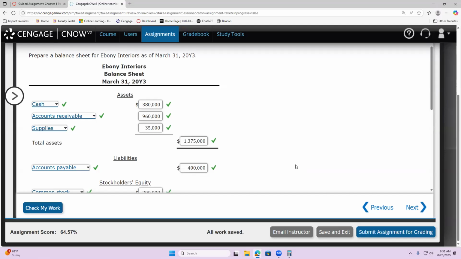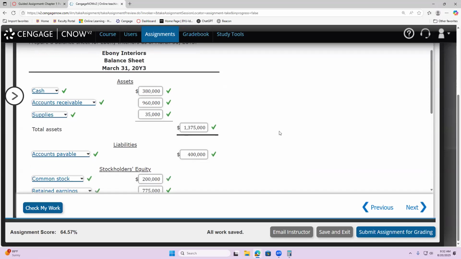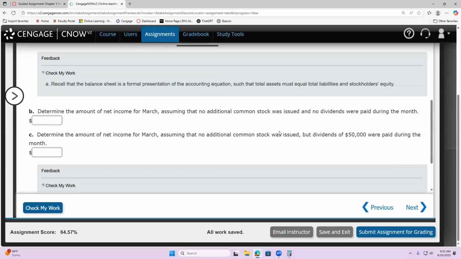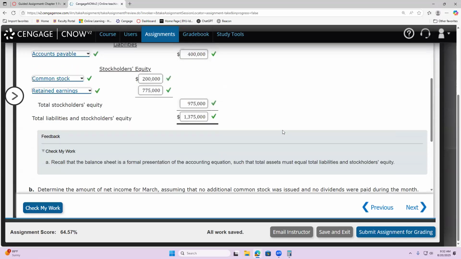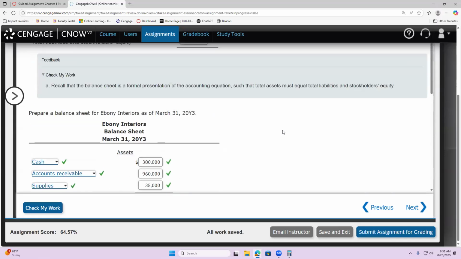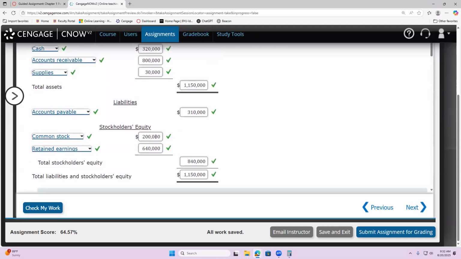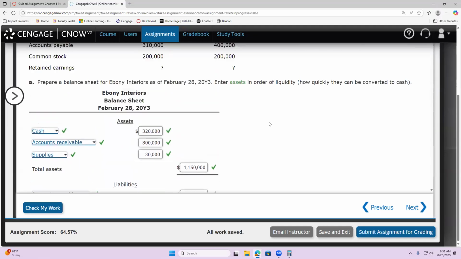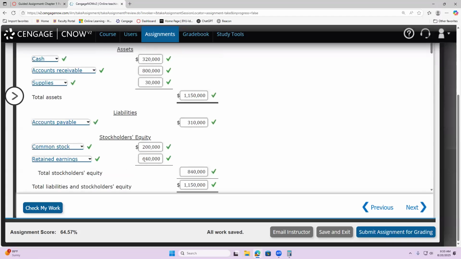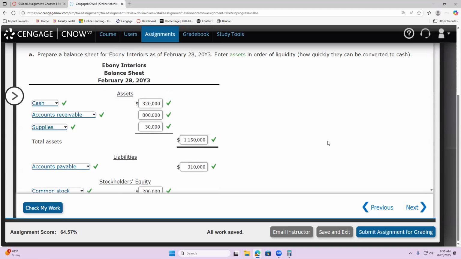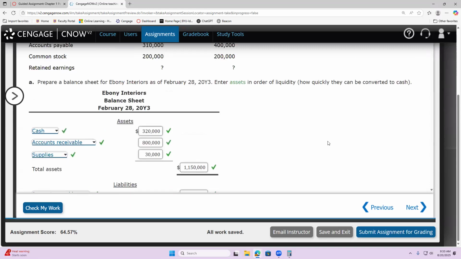So to figure out our net income, then all we have to do is look at the change. Let's see, the change in our retained earnings, because it said no additional common stock. So if we say, okay, up here, our retained earnings was 640,000 at the end of February.